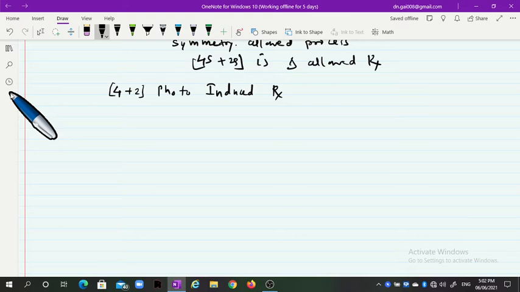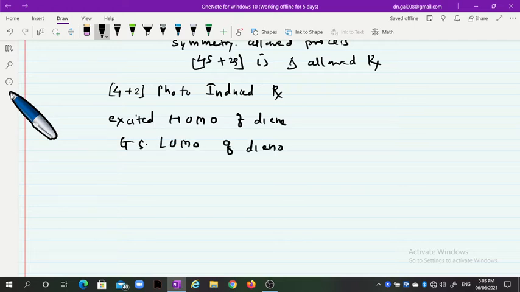In this case, the interaction always takes place between the excited state HOMO of diene and the ground state LUMO of dienophile, or vice versa.